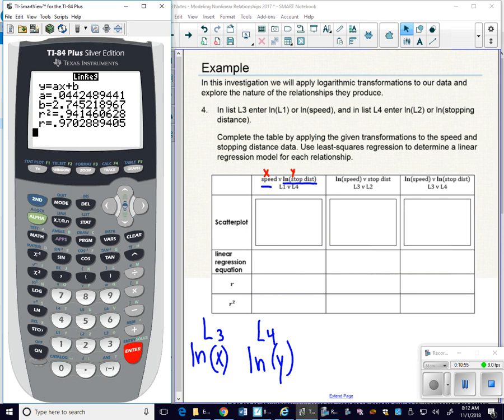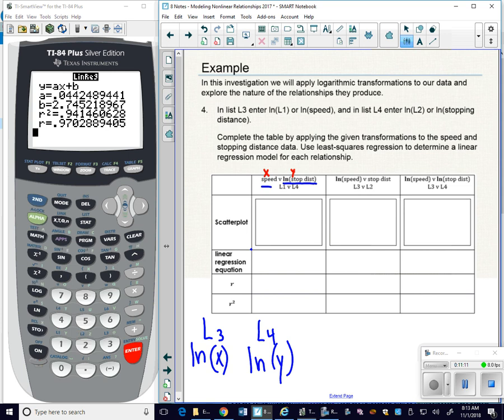Now we got to be really careful when we're writing the equation, because the x variable in my equation still represents the speed, but the y variable in my equation is the natural log of the stopping distance. So when I write this on my paper, instead of y, I'm going to be writing it as the natural log of y, because that is the y variable I'm using.